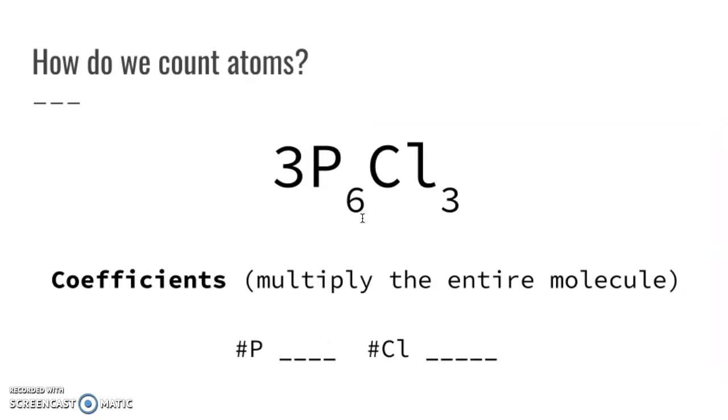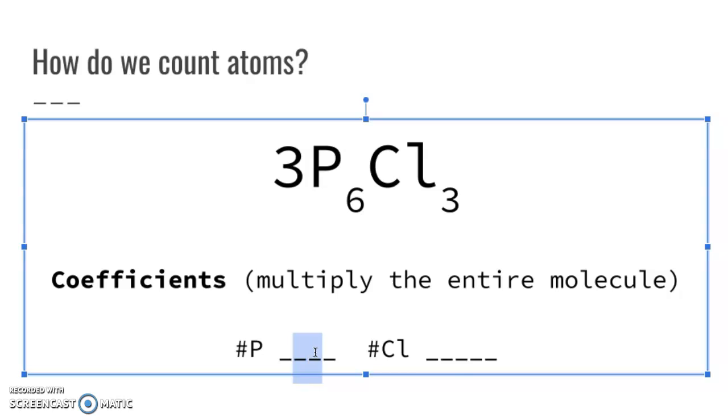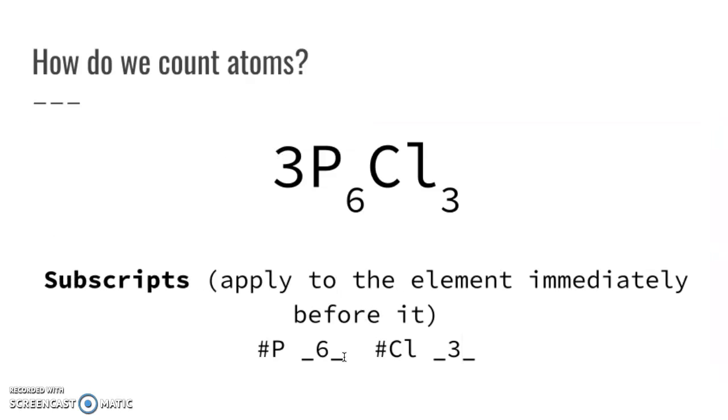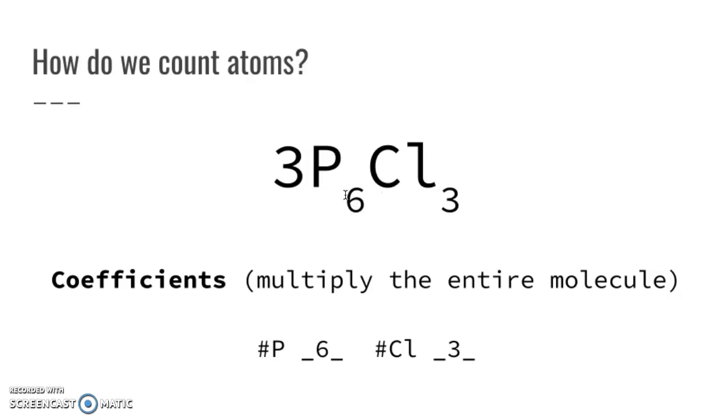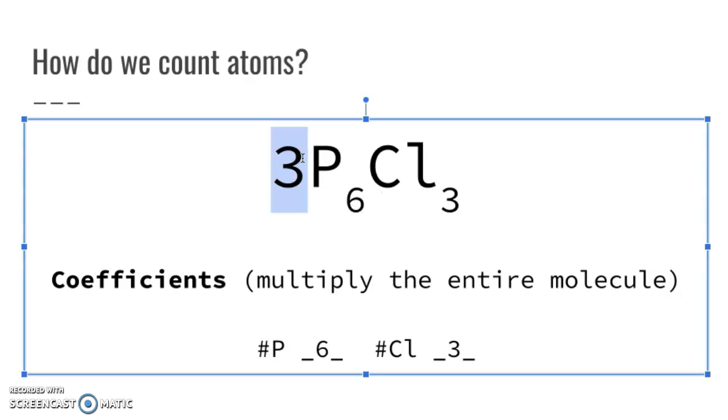But on top of subscripts, I also have coefficients, okay? And so those will come into play. If I have a big number in front, these are my coefficients. So in the previous example, we said we had 6 and 3 based on our subscripts, so that's what we're starting with. If I have a coefficient, or my big number, I have to multiply my entire molecule.